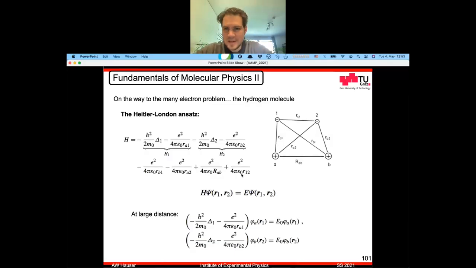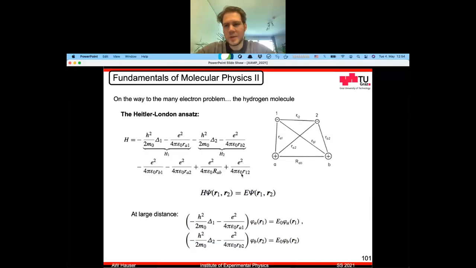Because at very large distance, it's obvious that all the crossing terms and the electron-electron as well as the nucleus-nucleus interaction will vanish because they depend on 1 over r, which is basically in distance. So if this is far apart, we know that the solutions would be simply one single electron in the field of the nucleus. So it would be the hydrogen atom by itself without any interaction.